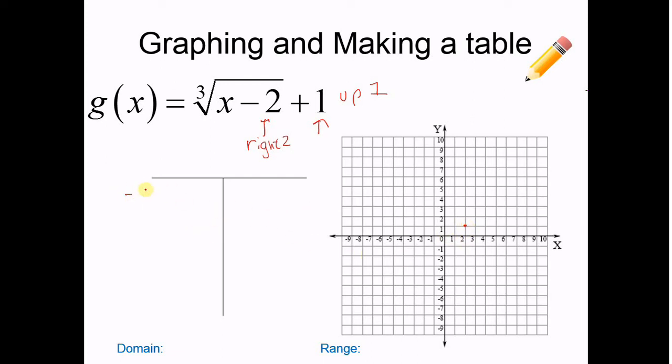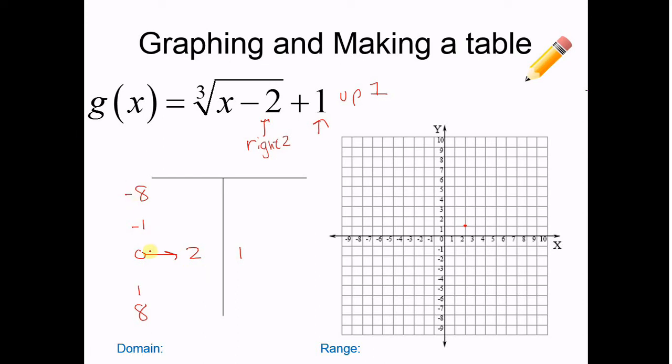Remember, our parent table looks something like this. So this right 2, up 1 is going to go in our 0 column right there. Then we need to ask ourselves, how did 0 become 2? What did I add to 0 to get 2?